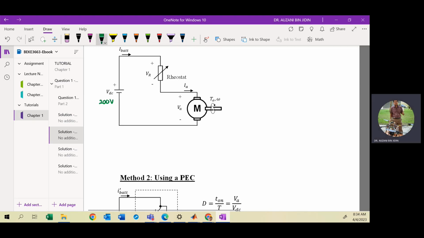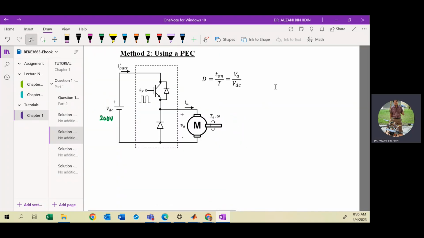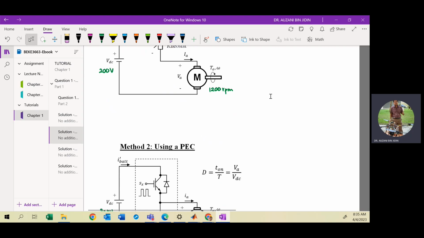So your targeted speed is 1,200 RPM here, also 1,200 RPM. What is the value of VA here? As calculated in part 1, which is 91.63 volt.